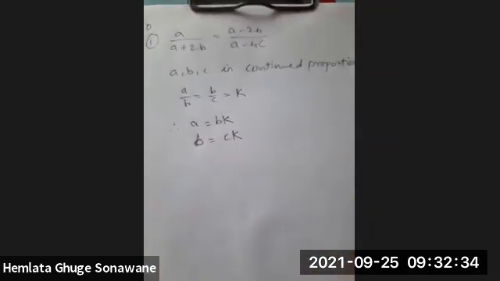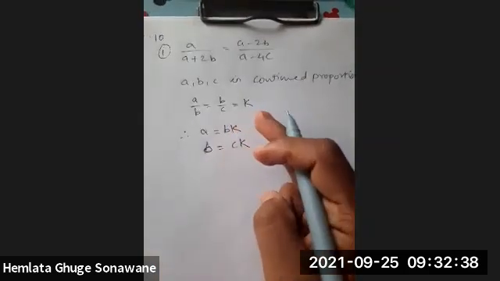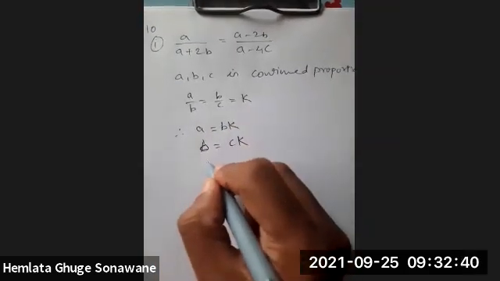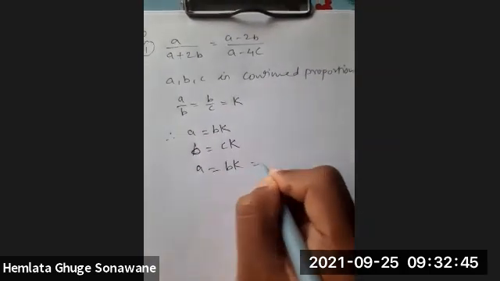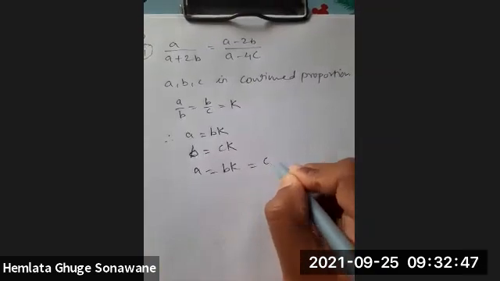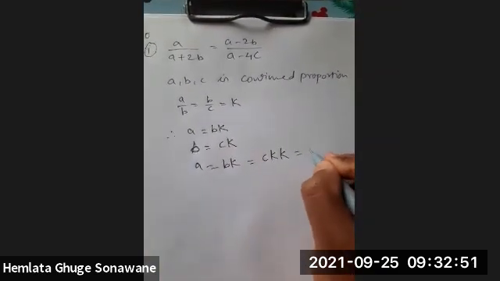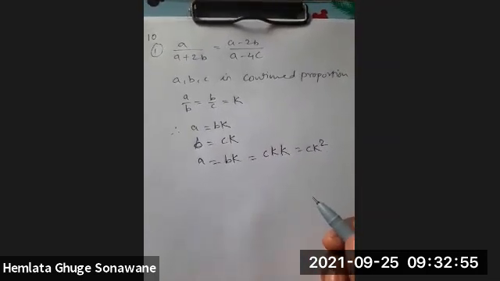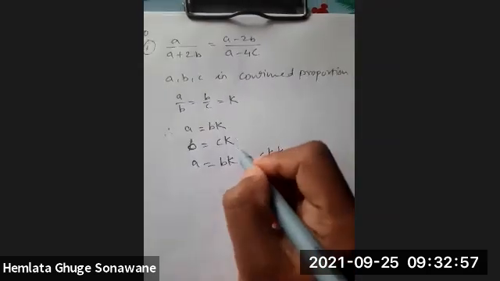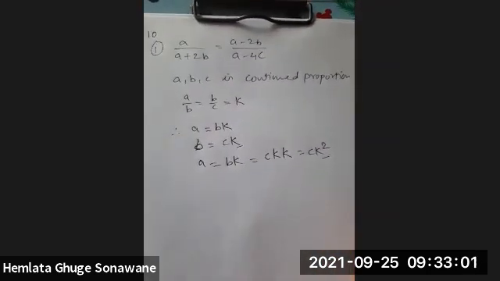We can put this value of B here into A is equal to BK. So it becomes A is equal to BK, which is CK into K, that is CK square. So we'll put the value of B as CK and A as CK square.